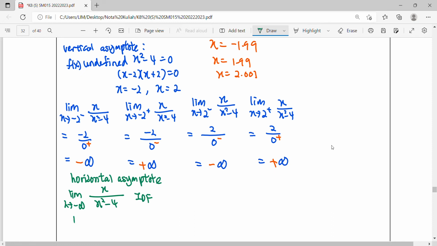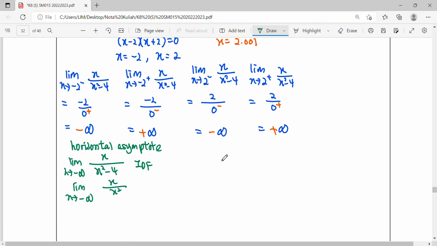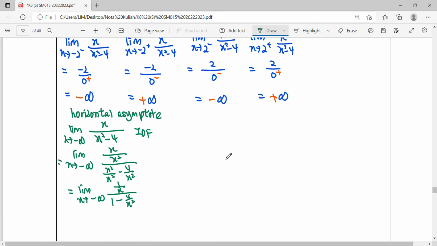To simplify this function, we are going to divide by x squared, the highest power in this function. So 0 over 1 minus 0. Answer is 0.